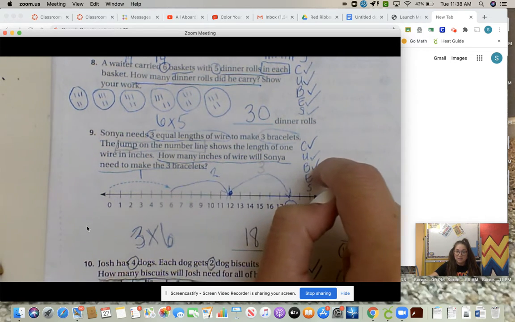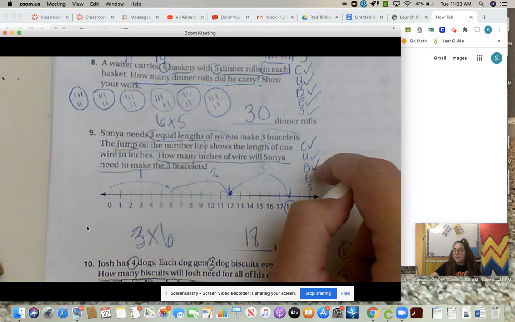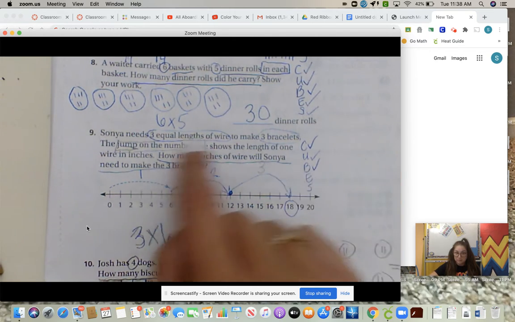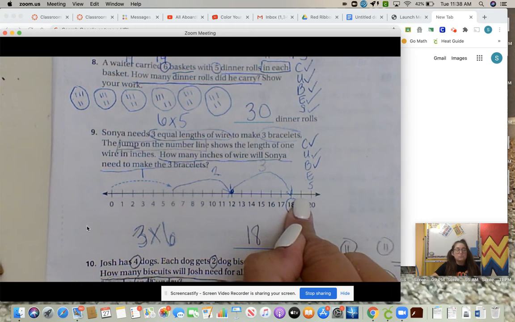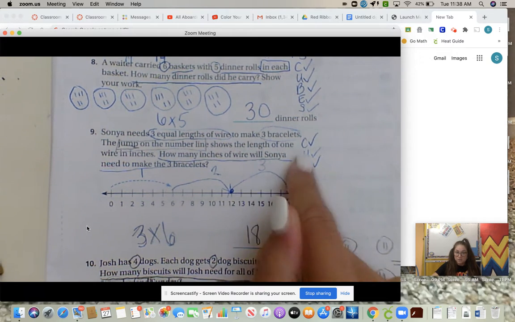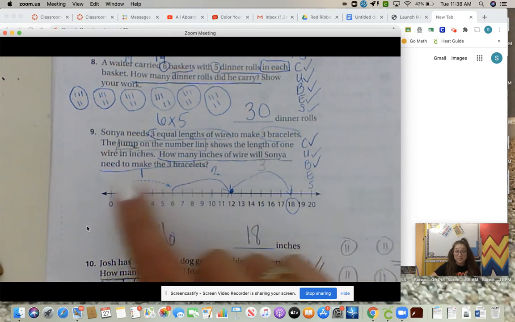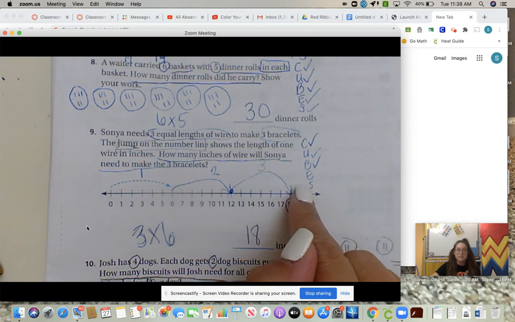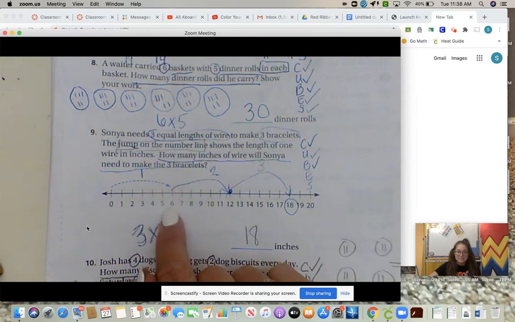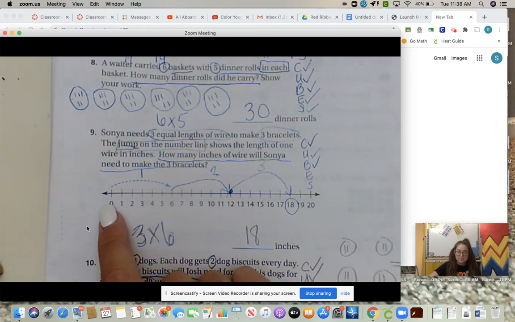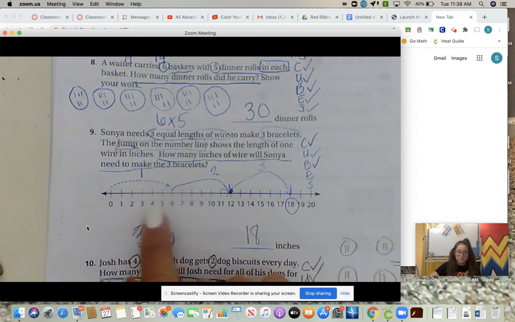When we box the math verb, it is literally telling us what to do. We're jumping on the number line. When you see a number line, you do not need to box the math verb. You already know. All right, I'm using this number line. Evaluate and solve. So our first wire stops at 6. So that means that there are 6 inches in one wire.